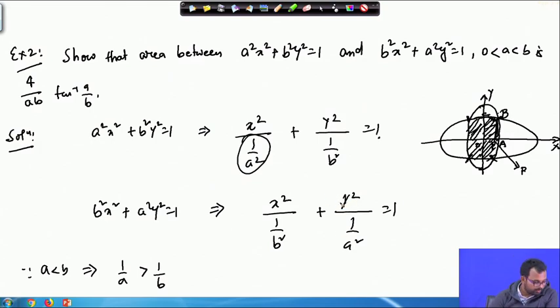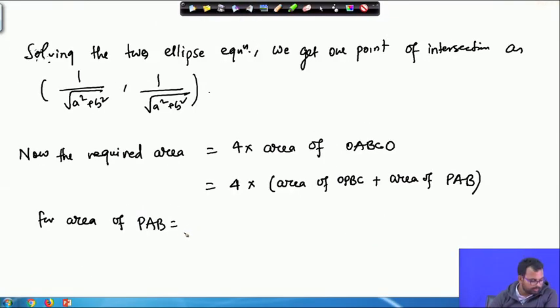For the area of PAB, the limits are in the given equation.